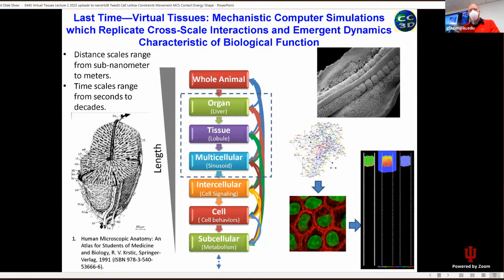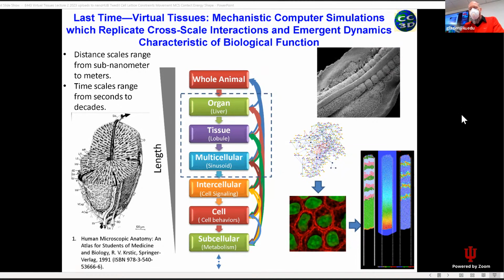And we introduced this idea of what we call virtual tissues, which are multi-scale models that typically represent control in the form of biochemical networks, cells and their behaviors as agents, so these are agent-based models, and then the extracellular environment. The extracellular environment can be represented at different levels of detail itself.